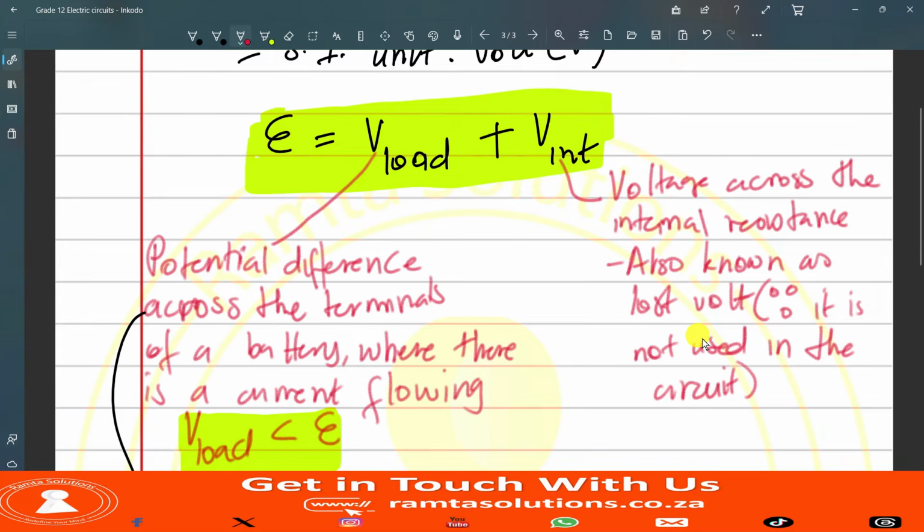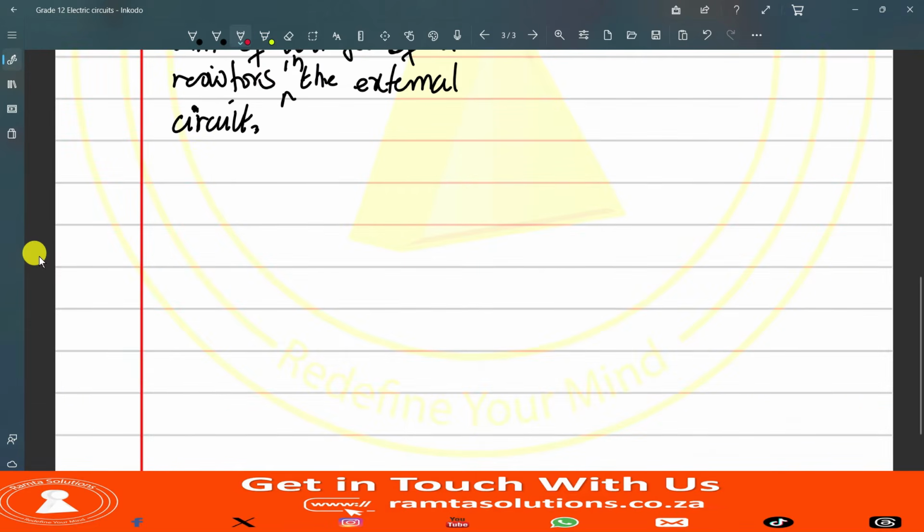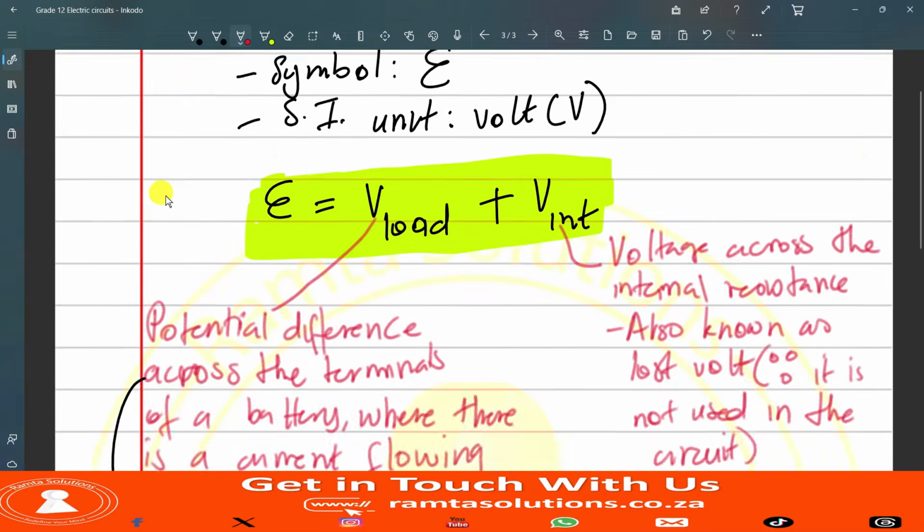Okay, all right. So now you know these things, and we were talking about internal resistance, right? We're going to expand more on that formula. Perhaps let's talk about it now once again.